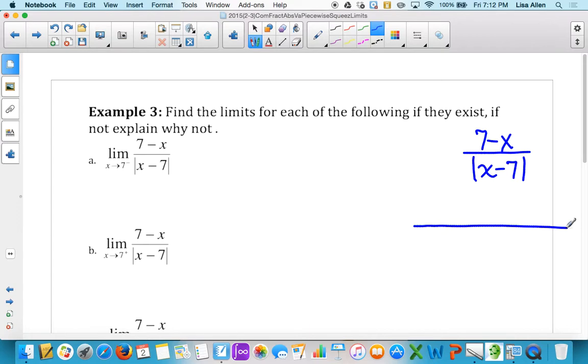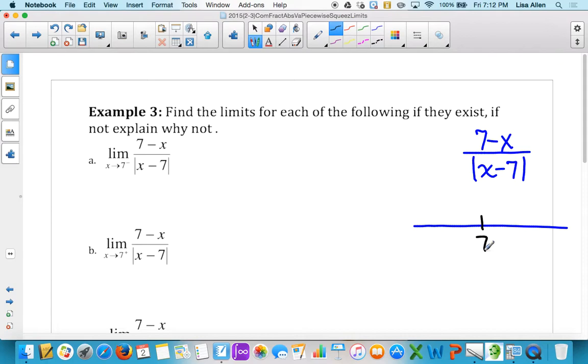I hope you can see that the critical number here is going to be x is equal to 7. So I'm going to put 7 on the number line, and I'm going to look at a couple values to the left and the right of 7. Working with numbers always makes things really super clear.